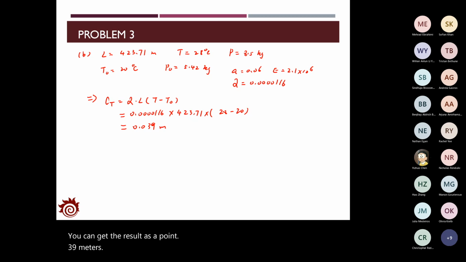So that's the correction for the temperature.